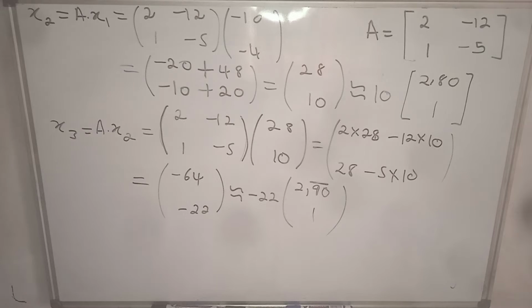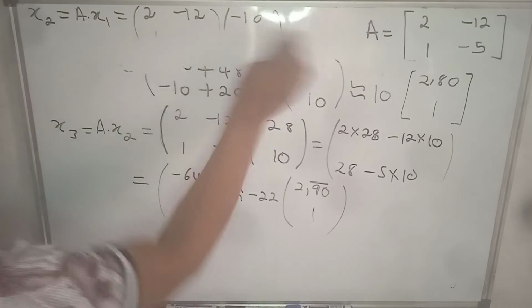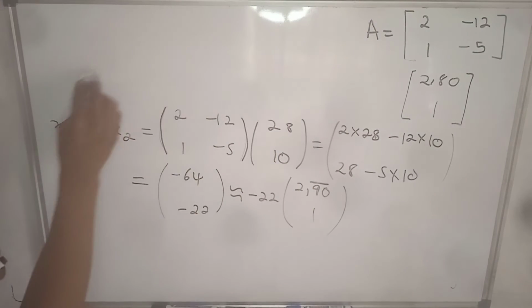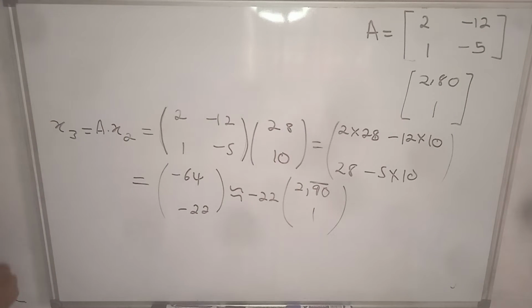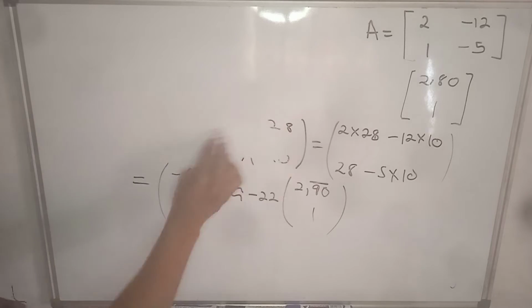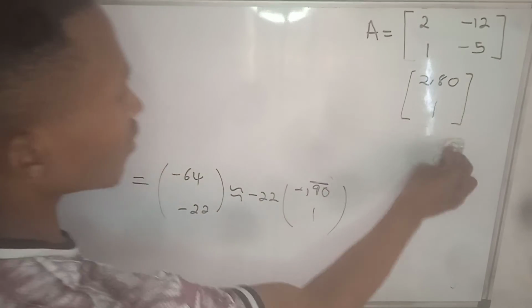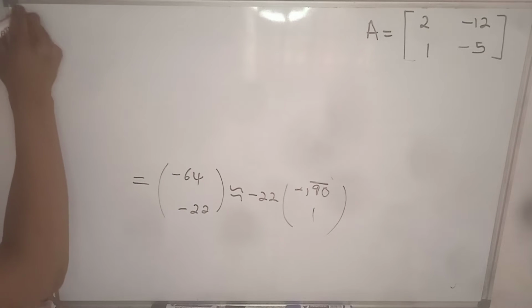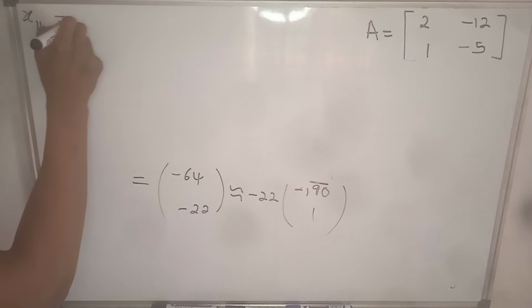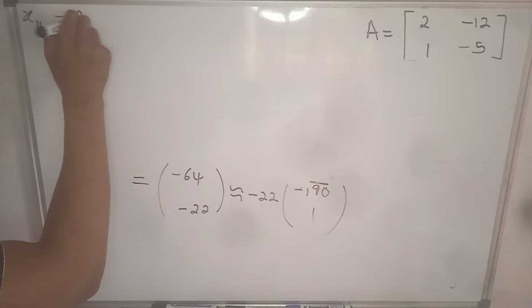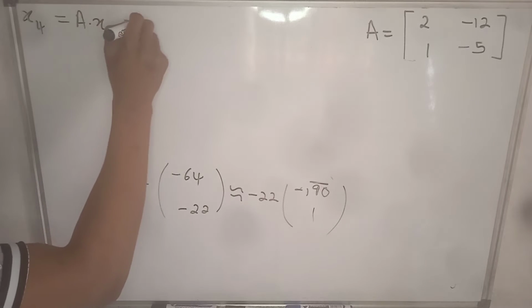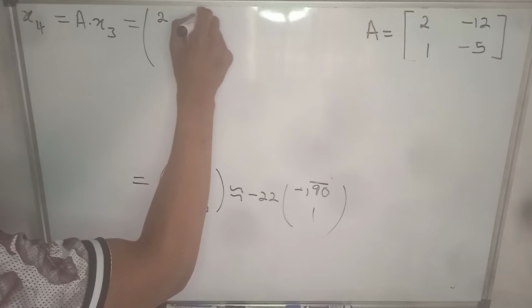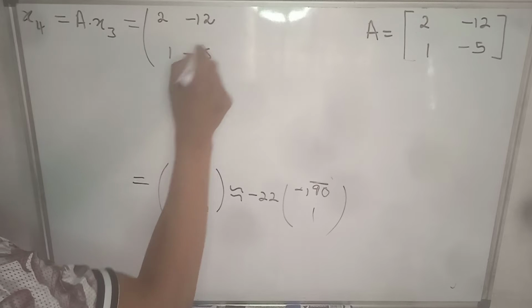Let's go to our fourth. Our fourth iteration is the same as A times x3, where A is our original matrix, [2, -12; 1, -5].